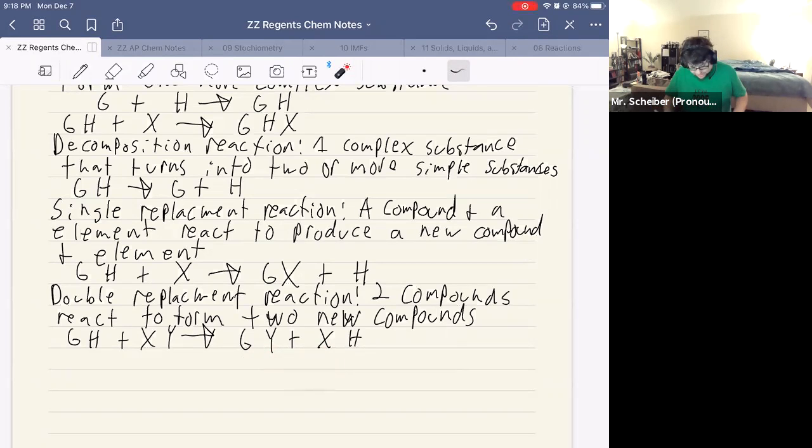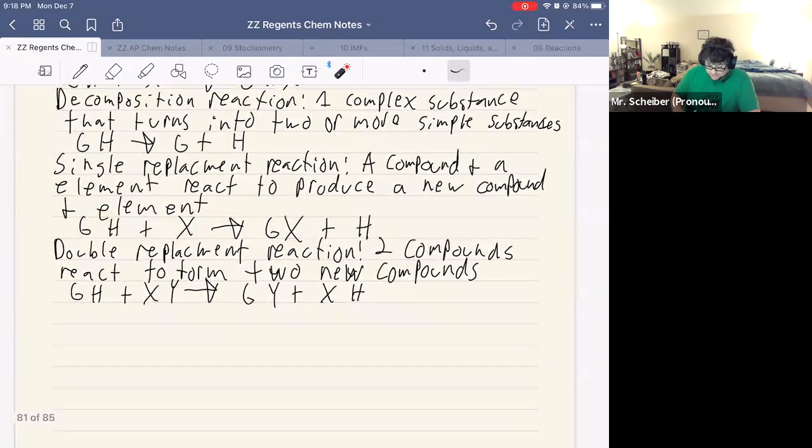I guess the X and the G stayed constant, but we had compounds switching out, right? So that's what's called a double replacement reaction. A single replacement reaction can always be identified because it's always a compound and an element turning into a compound and an element, whereas double replacement is always two compounds turning into new compounds.